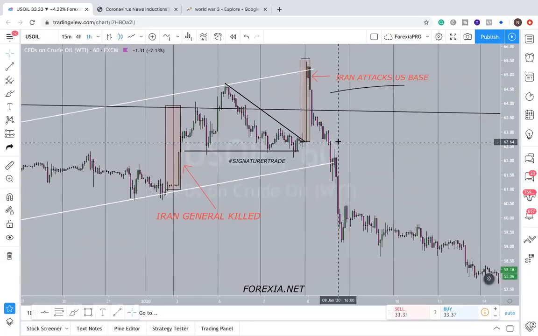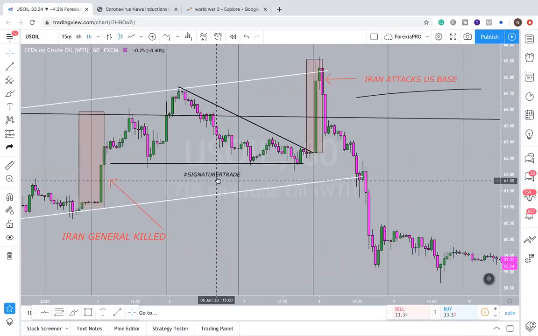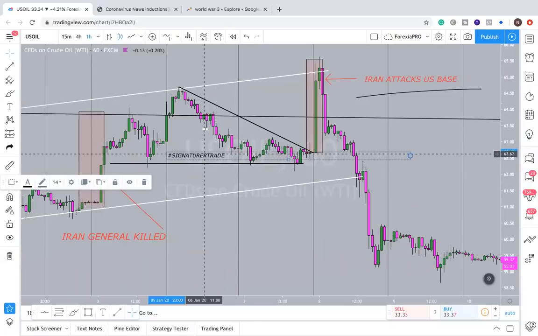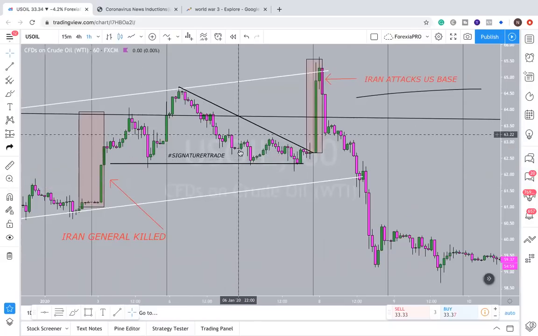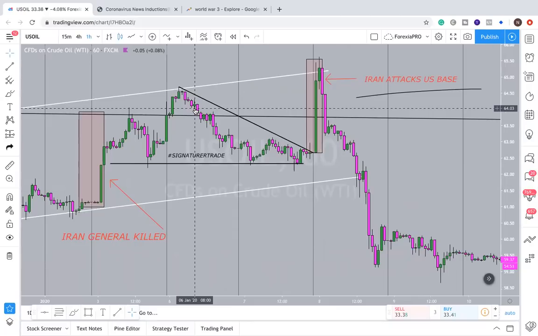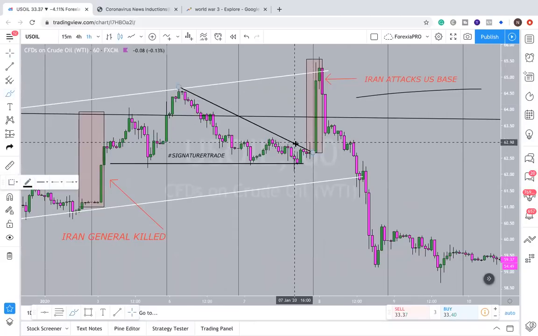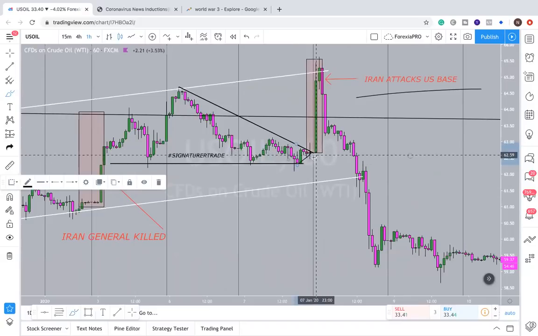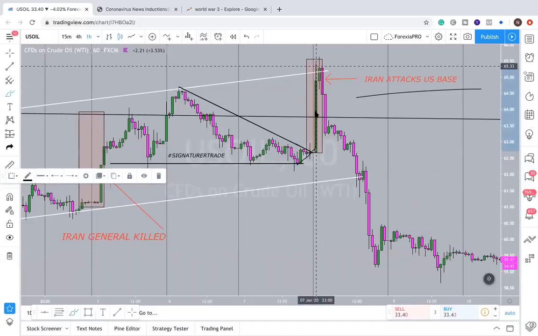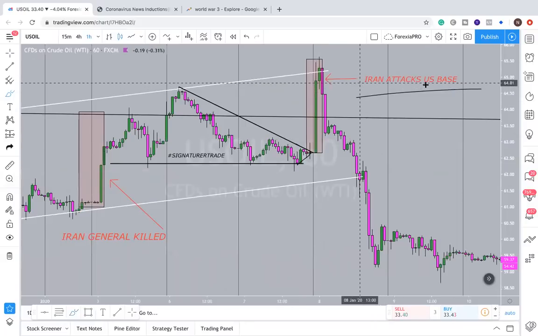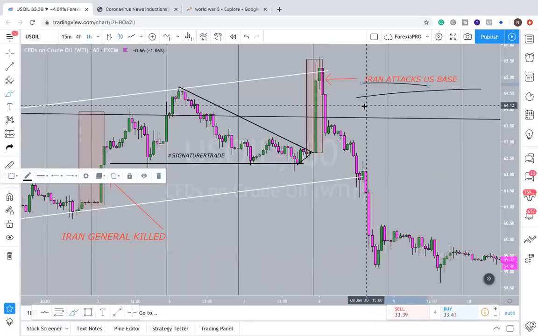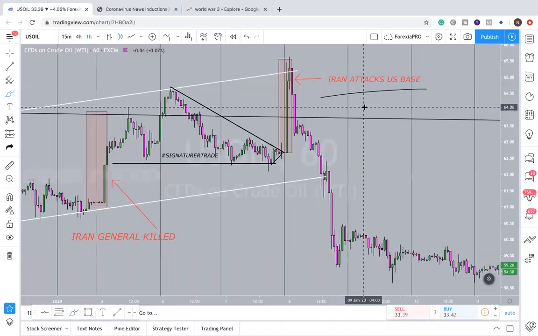And just coincidentally, once again, what a coincidence that the body of the signature trade took 3 days, just the exact amount of time to create the point of the signature trade where the wedge breakout occurs exactly when Iran attacks the US base. What a coincidence.